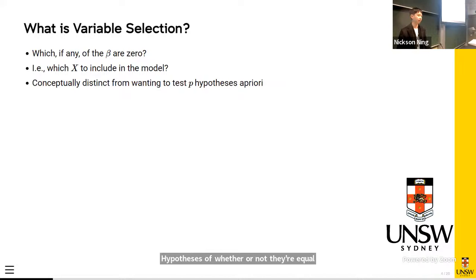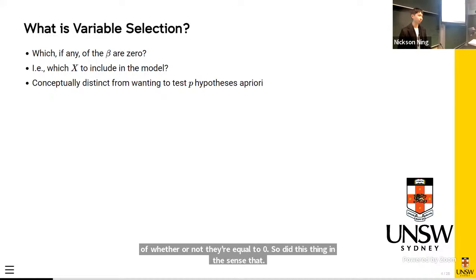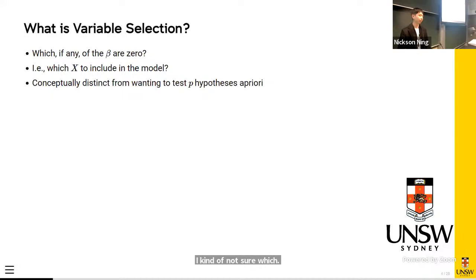They're distinct in the sense that when you are not sure which X's you should include in your model, that's variable selection.